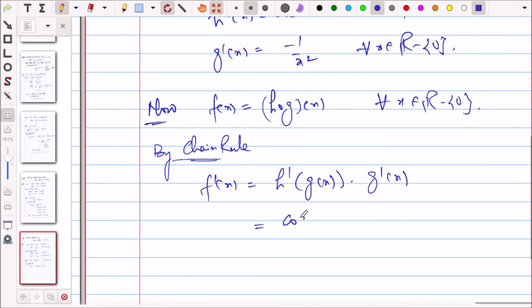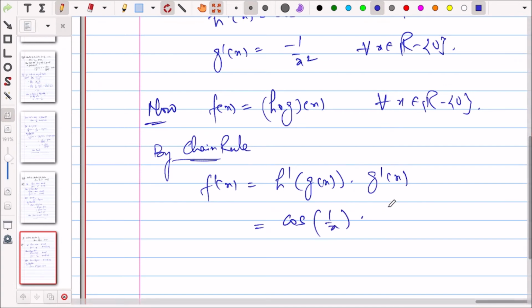So this is cos 1 by x into minus 1 by x square, so which is equal to minus 1 by x square cos 1 by x. Fine.